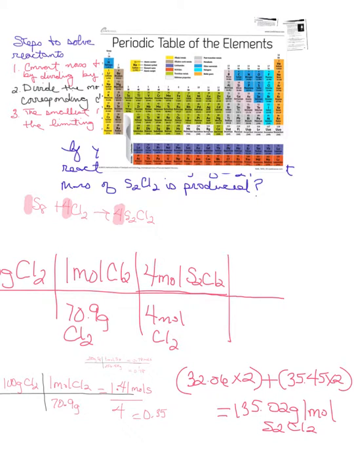Okay. So for every 1 mole of disulfur dichloride, I have 135.02 grams. All right.